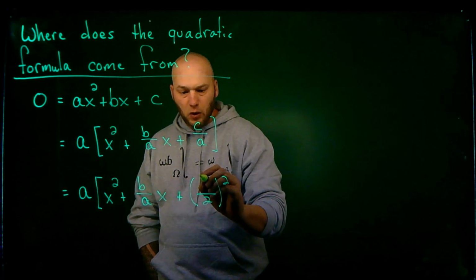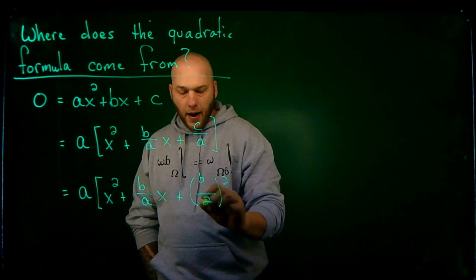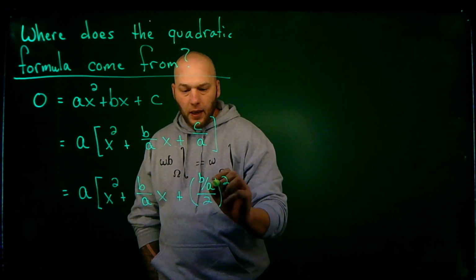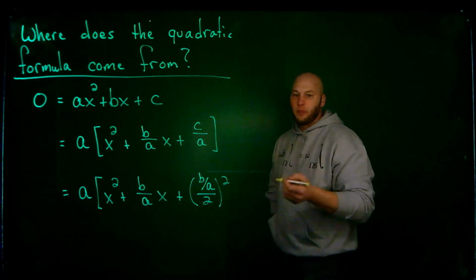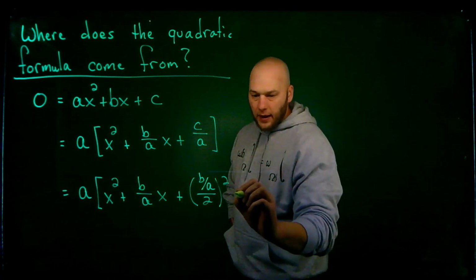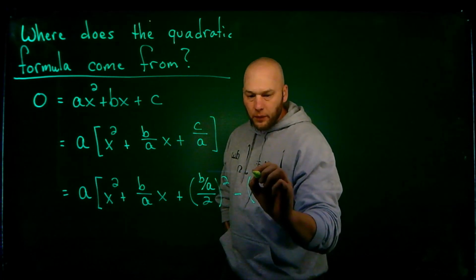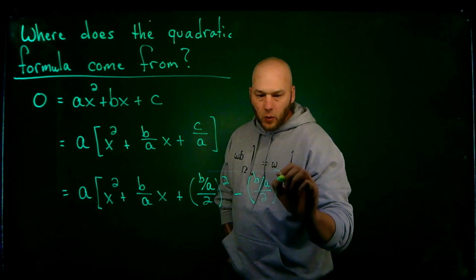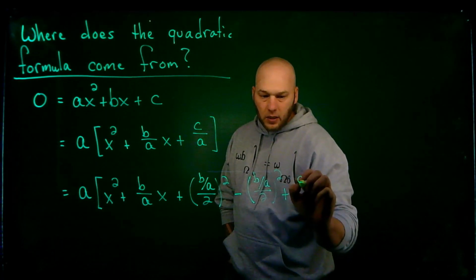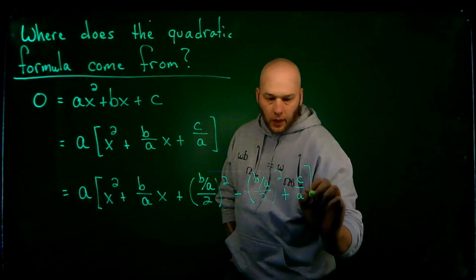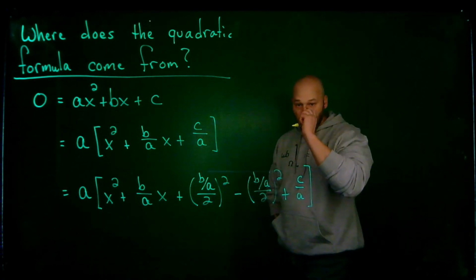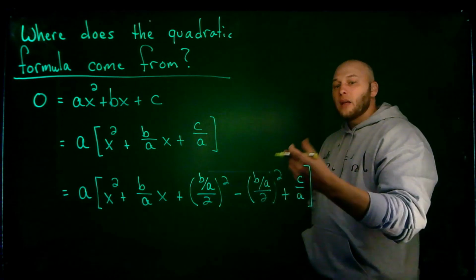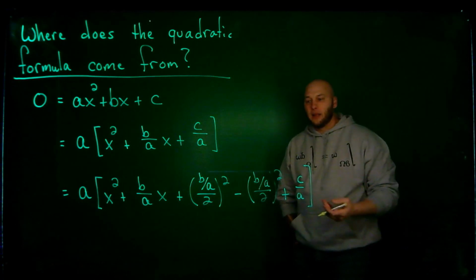So the numerator is half of b over a. Then I subtract the same thing: minus b over a over 2, squared, plus c over a, and close the bracket. I added and subtracted this term, which is equal to 0, keeping the expression balanced.